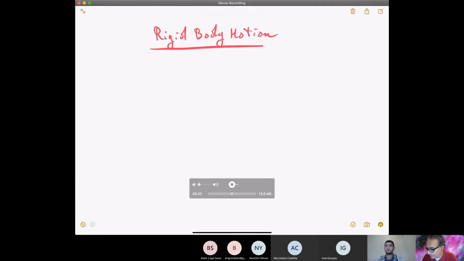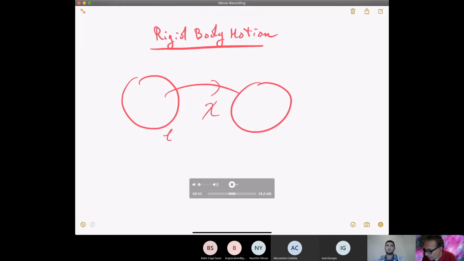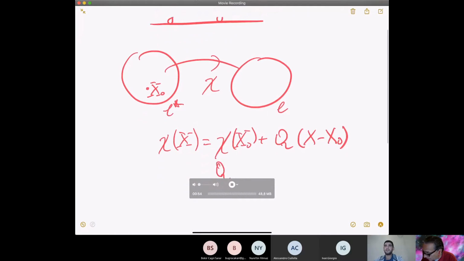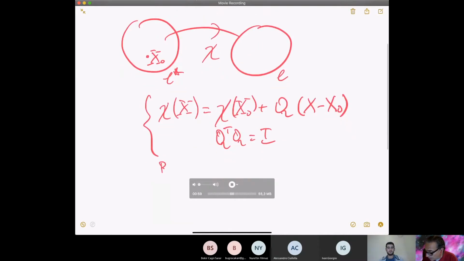The reason is that when the placement is given by a rigid body motion, so when the placement of the point x is equal to the placement of one point x0 chosen plus an orthogonal matrix Q multiplied by x minus x0, which is our formula of rigid placement.